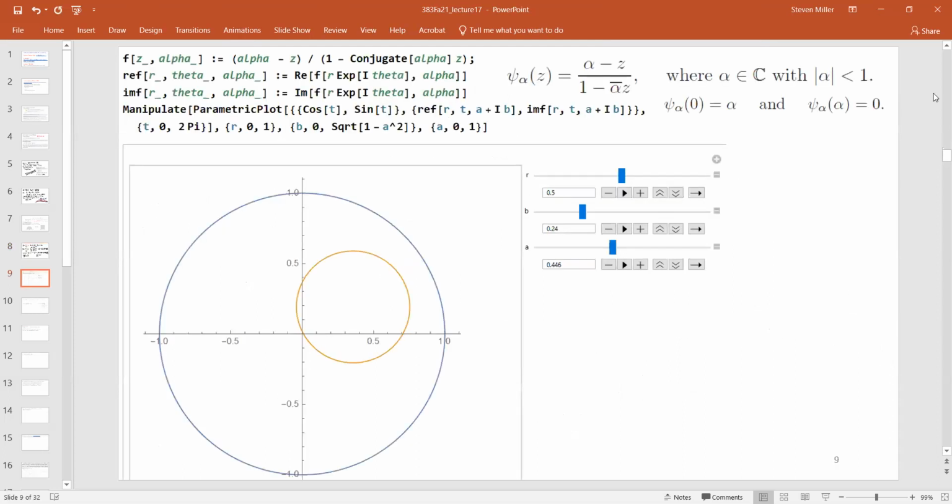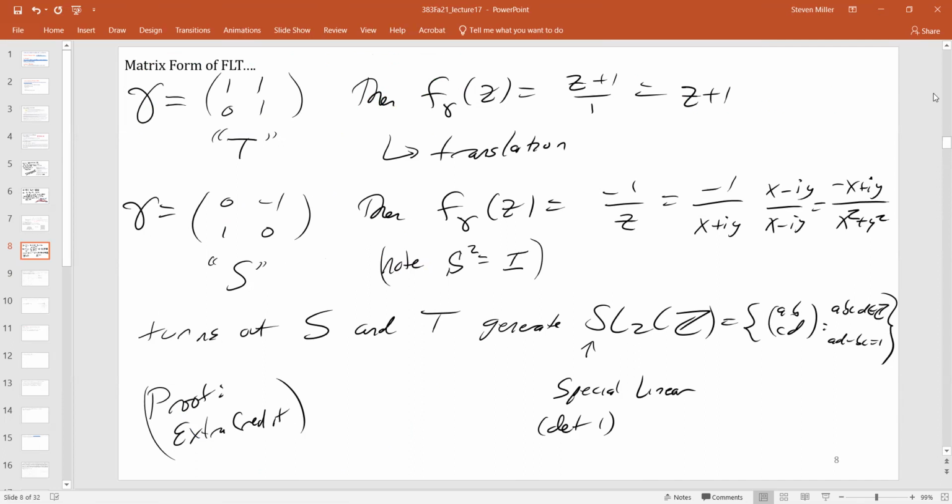Question? Oh, right, yeah. So it equals I in quotes. And so what I will do, let me just add a blank page.